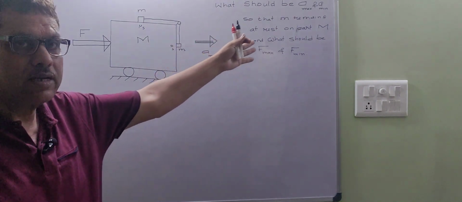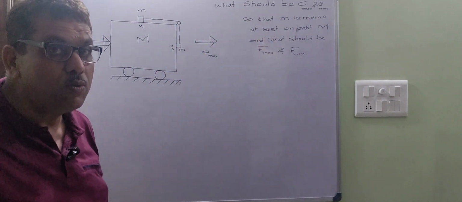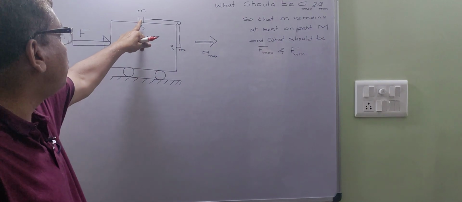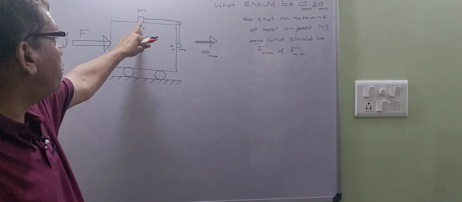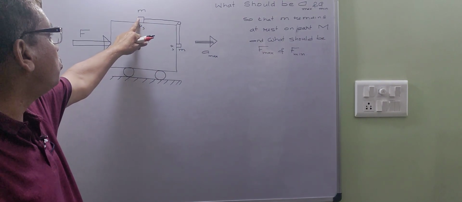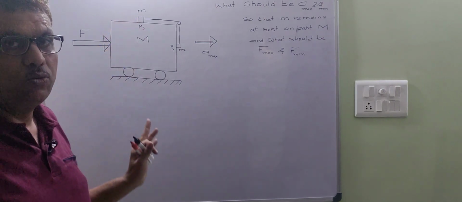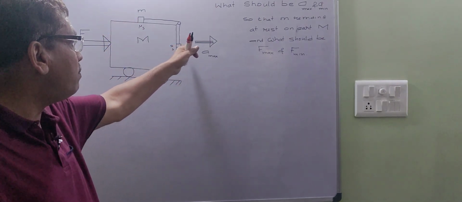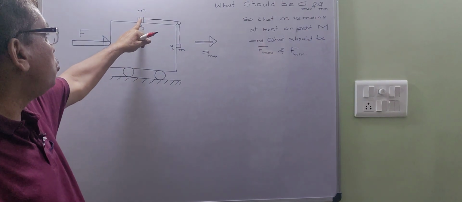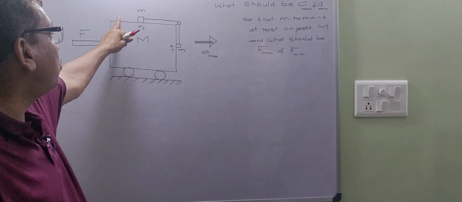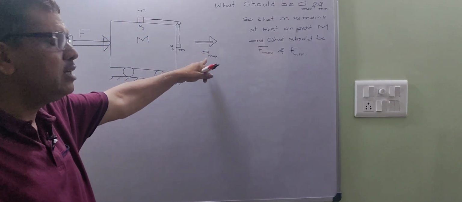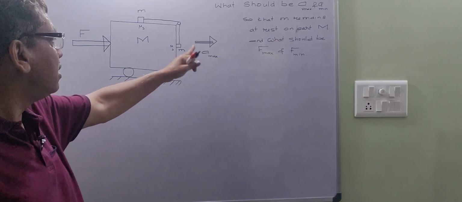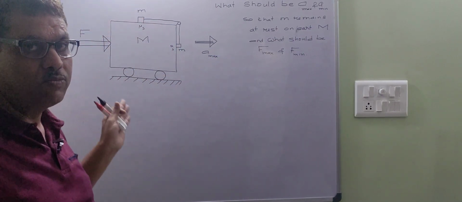Now when it is accelerated in rightward direction with maximum acceleration, you will observe this block is at rest, but it will have tendency to move in leftward direction. Why? Because at maximum acceleration a pseudo force will act on this one in leftward direction, and if we just increase the acceleration from A max, it will start sliding in the leftward direction.